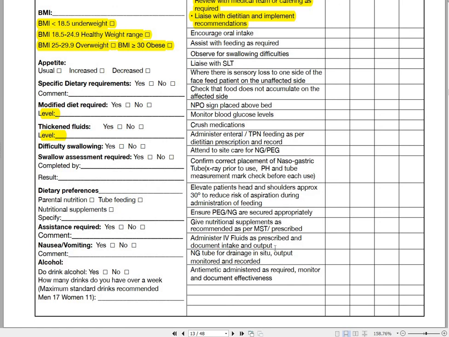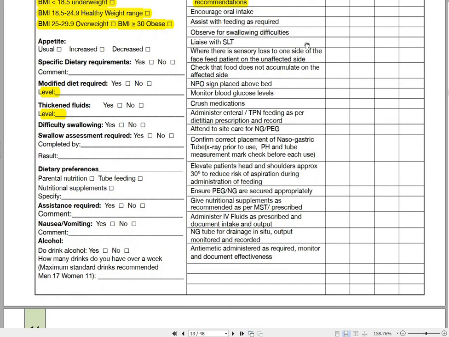Administer IV fluids as prescribed and document intake and output. If there's an NG tube in for drainage, output monitored and recorded. An antiemetic administered as required, monitor and document effectiveness. So you activate whichever interventions are relevant for your patient, and again we have blank spaces here so you can document your own interventions for your individual patient there.